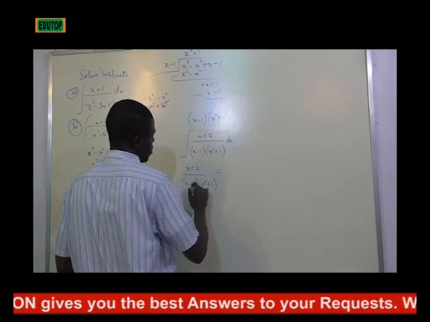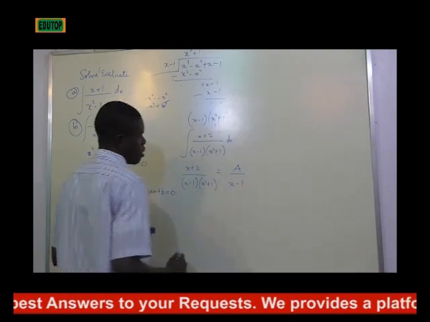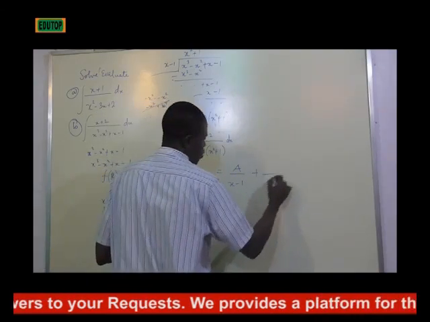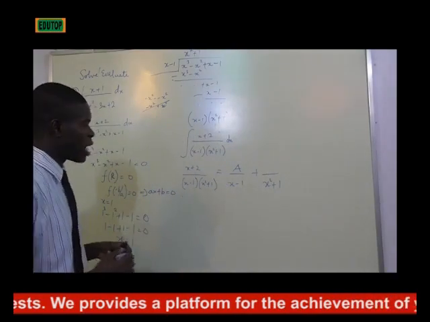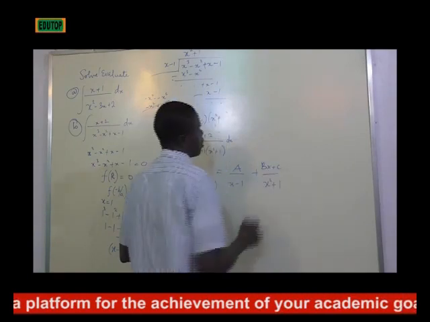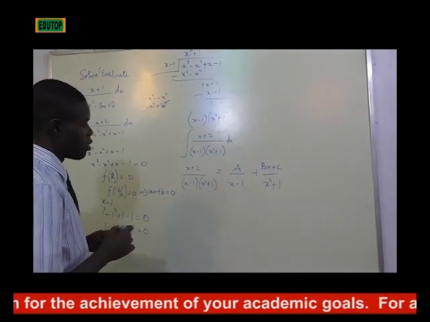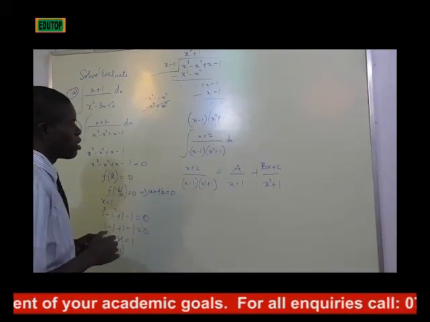Then I have A, which is the first constant, over a linear. Now, the second one is never a linear, rather a quadratic. So automatically, that means it has to be a linear expression on top, Bx plus C.